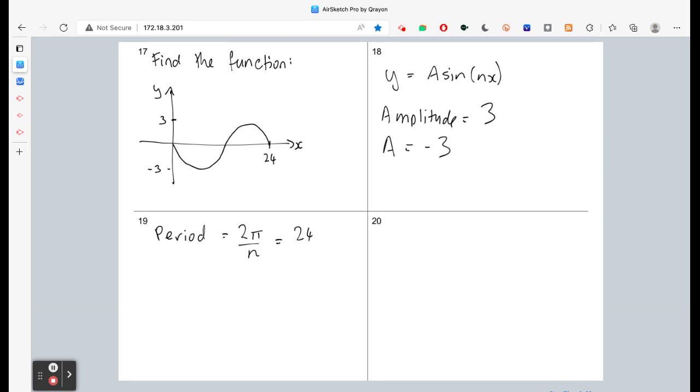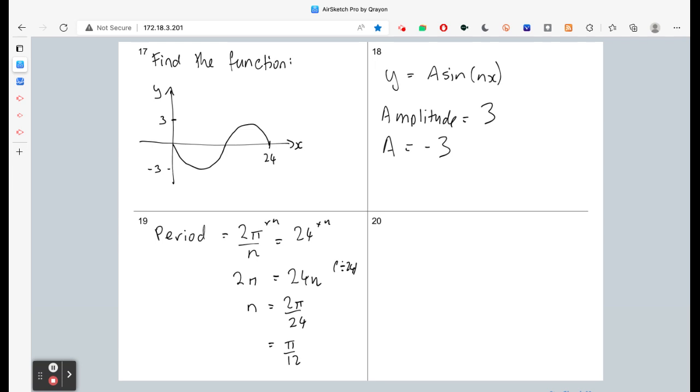And now I solve for n. So I'm going to multiply both sides by n, and I'll get 2 pi is equal to 24n, and then I'm going to divide both sides by 24 to leave myself with n, but I'll put the n on the left-hand side. So I'm going to have 2 pi on 24, or pi on 12.